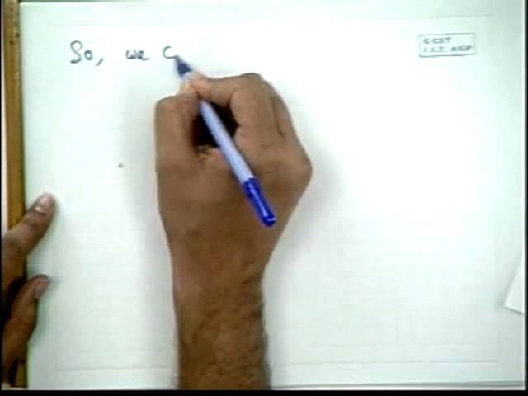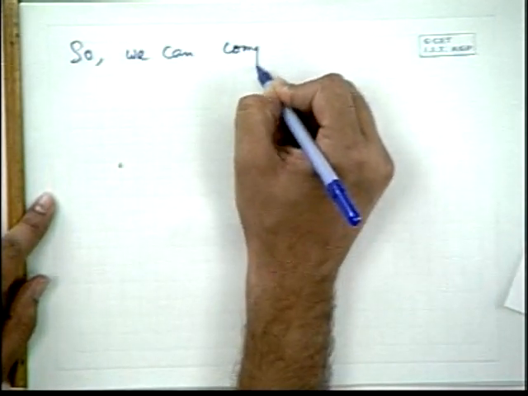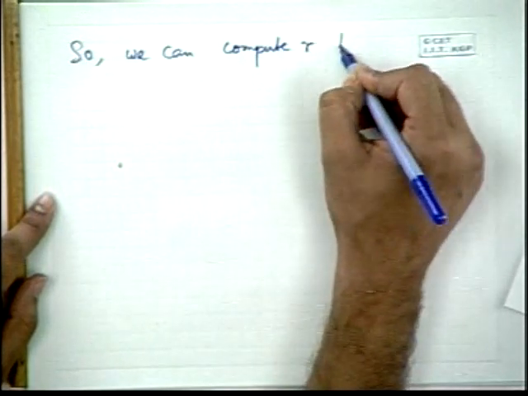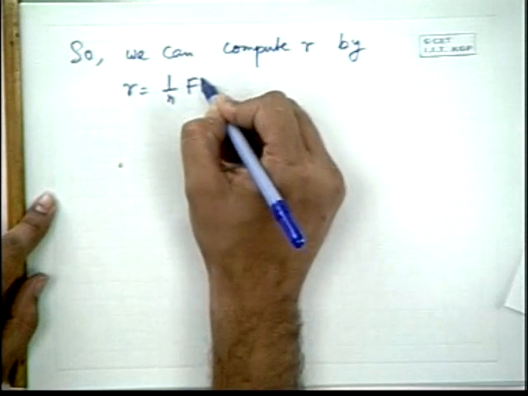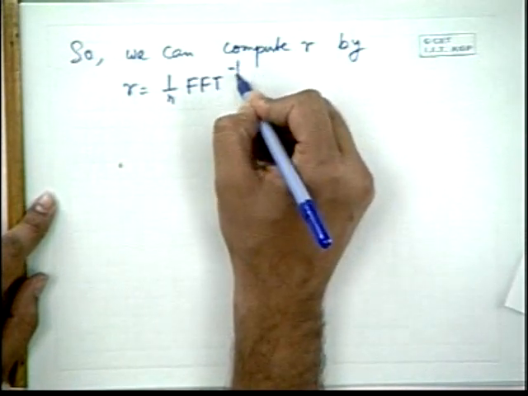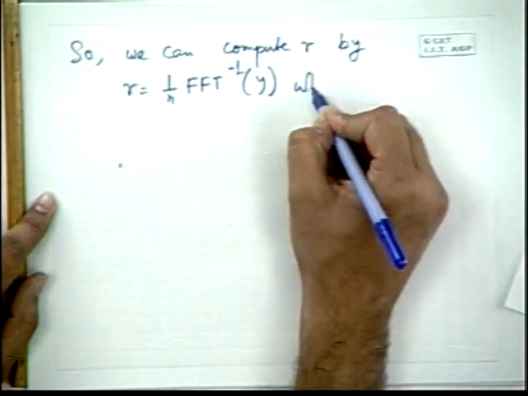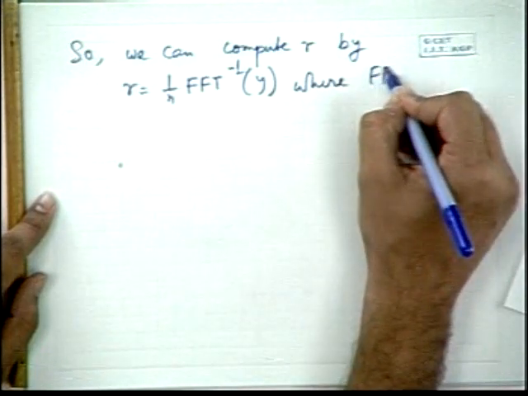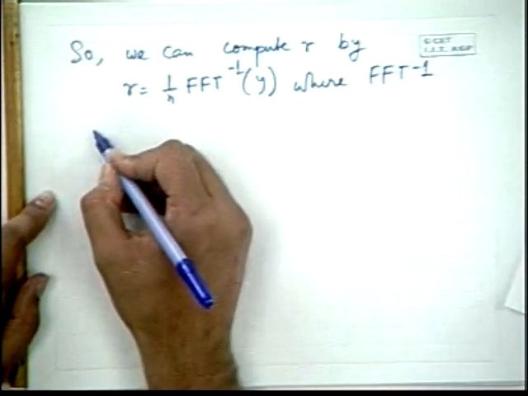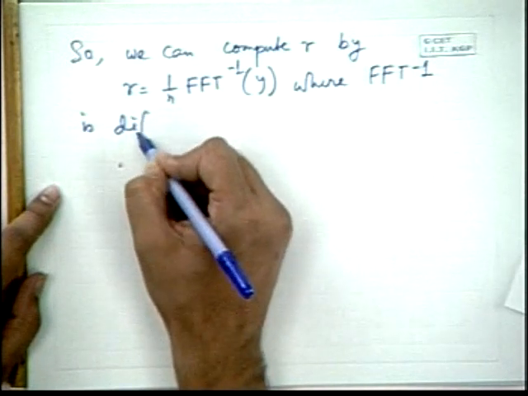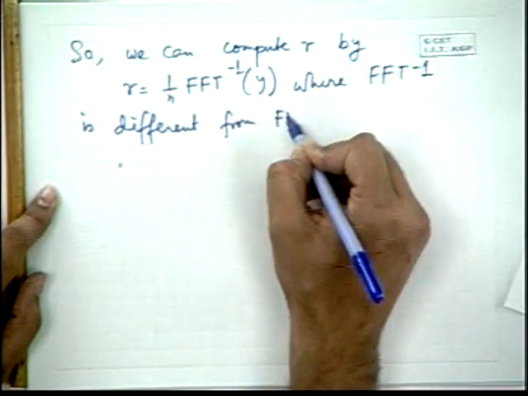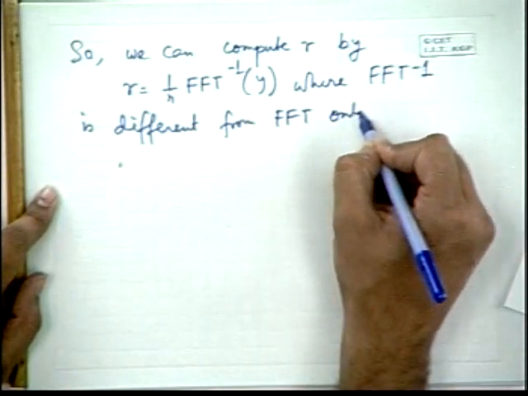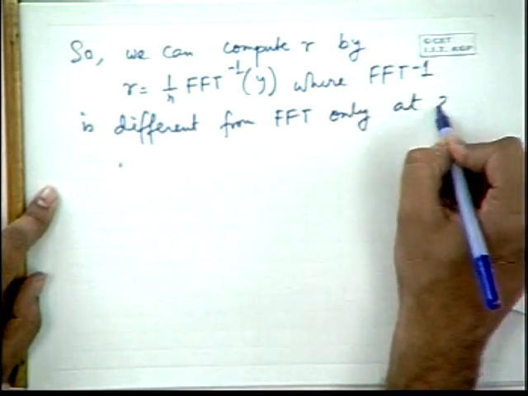So we can compute R by R is equal to 1 over FFT inverse Y, where FFT inverse is different from FFT only at two places.